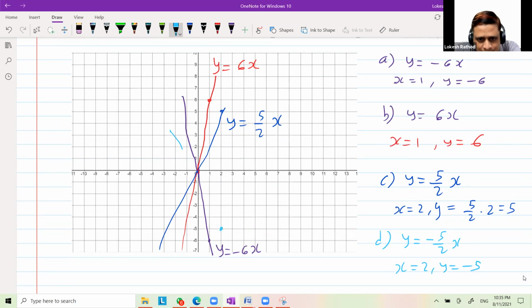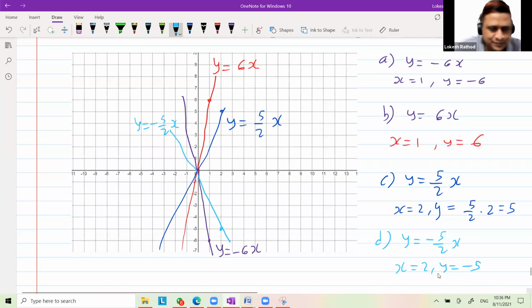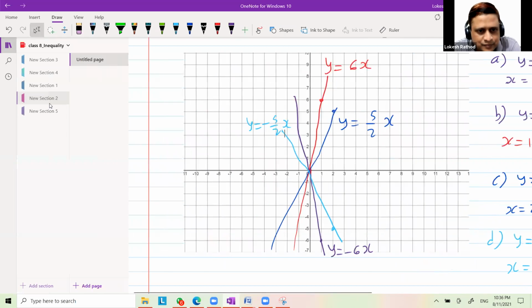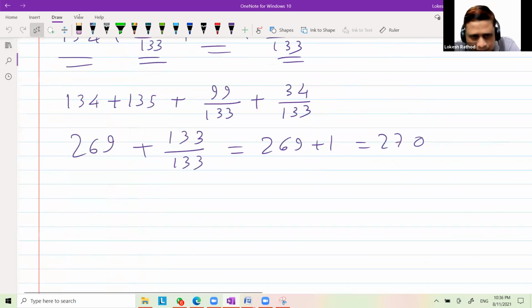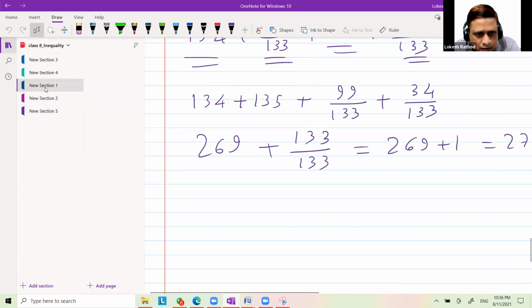Okay. So this line will be like this. This is y equal to minus pi over 2x. What can we observe? That if y equal to pi over 2x is increasing, minus pi over 2x is decreasing. Right? Y equal to 6x is increasing, y equal to minus 6x is decreasing. Right? Correct?